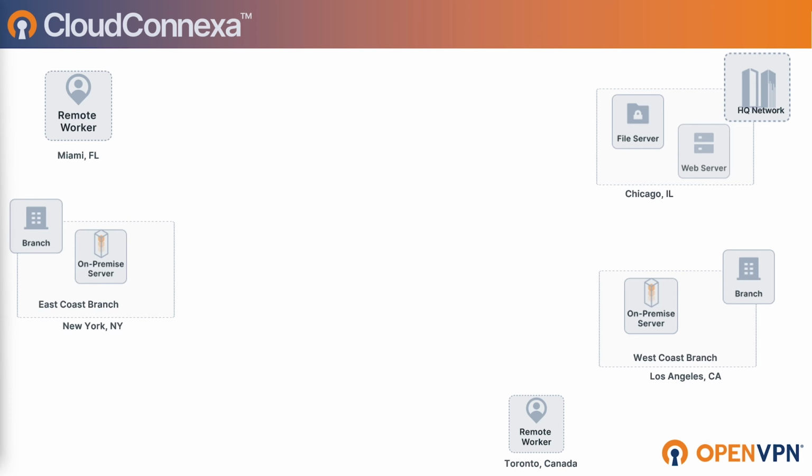With CloudConnexa, you can implement zero trust network access, or ZTNA, to all applications and the internet, as well as site-to-site networking while enforcing identity-based access control, preventing malicious network connectivity, and providing protection by blocking malicious website access.